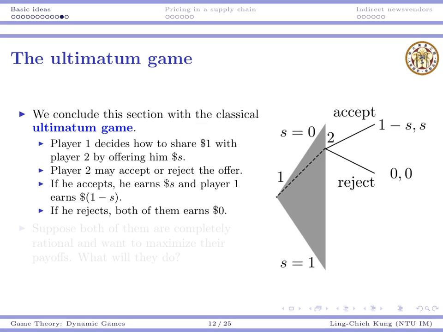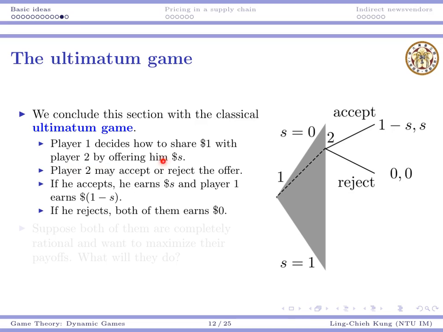So let's conclude this section with the ultimatum game. This game is typically used to show that game theoretic models have their limitations. Player 1 is the first mover. He or she decides how to share $1 with player 2.